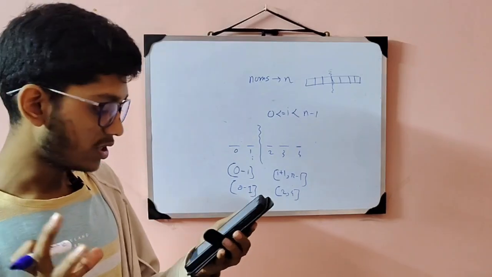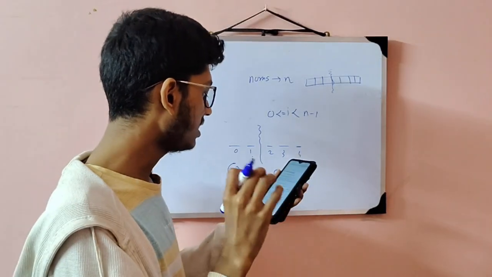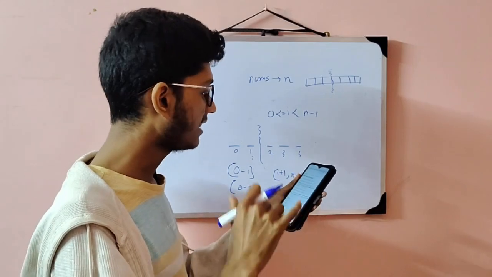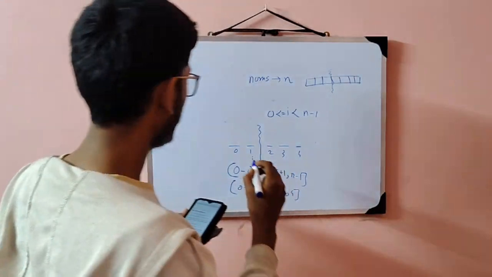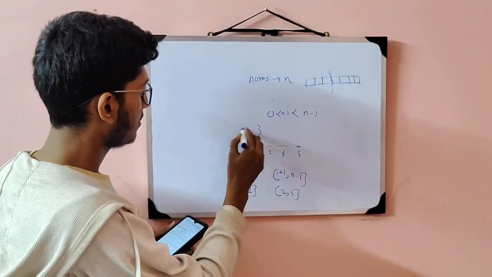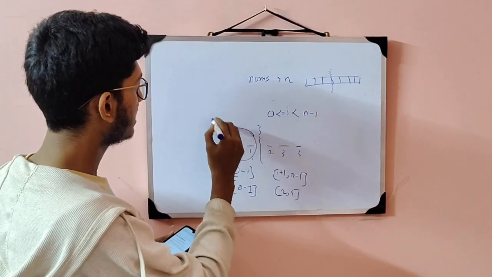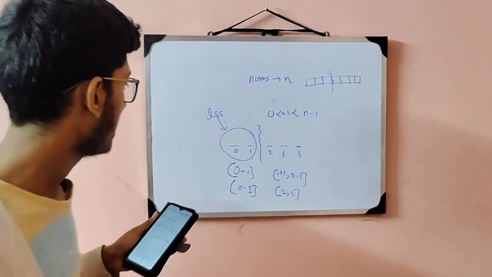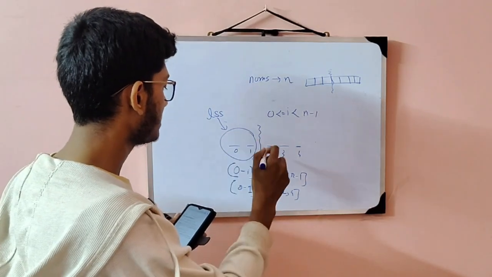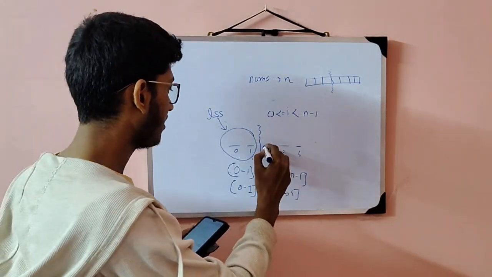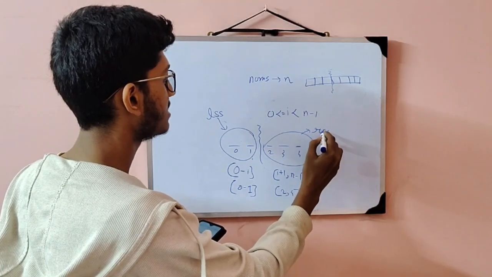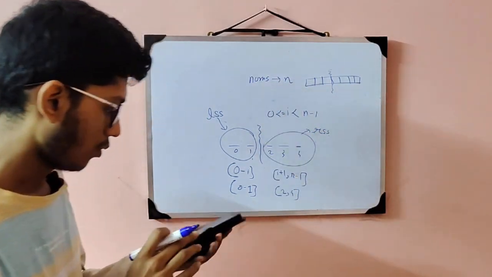So what is the question telling us now? Return the number of partitions where the difference between the sum of the left and the right subarray is even. Suppose the sum of the left subarray is LSS, and the right subarray sum is RSS.